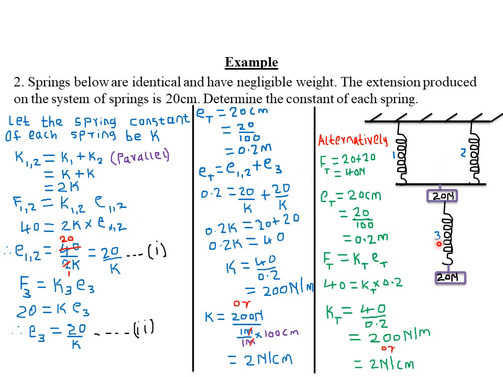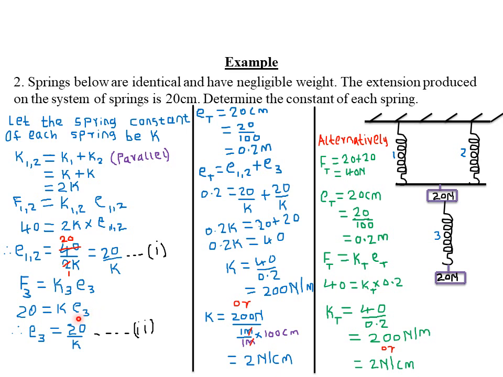But for this case, it is only one force that is below it, which means this spring 3 is extending due to only the 20 Newton force, and therefore the force causing the extension is 20. The spring constant, we said that let the spring constant for each spring be K. Therefore the K3, or the spring constant due to 3, will also be K, multiplied by the extension due to spring 3.